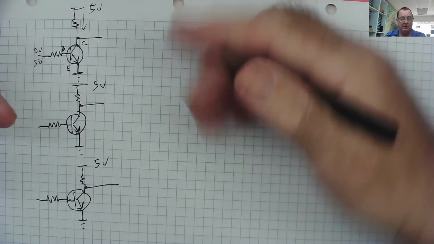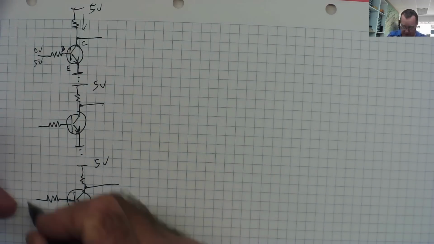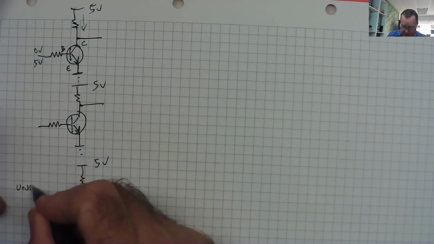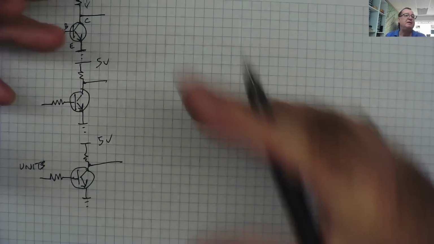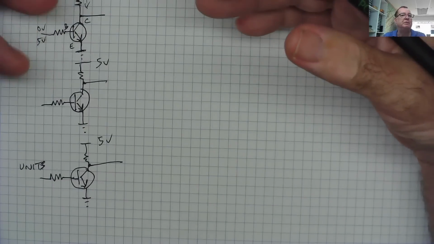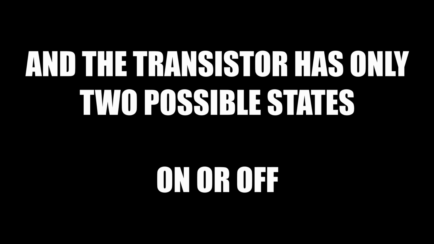Now let's make this count up in binary. Okay, so this transistor, we'll call this the units. This is how many units we have. And in units we only have 2 possible values: 0 or 1.